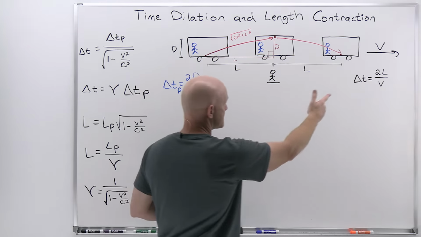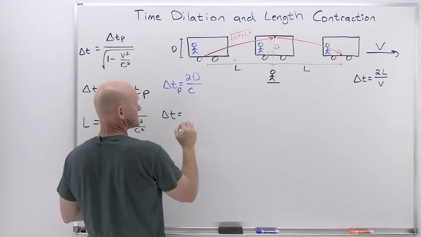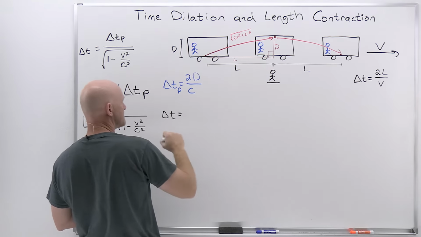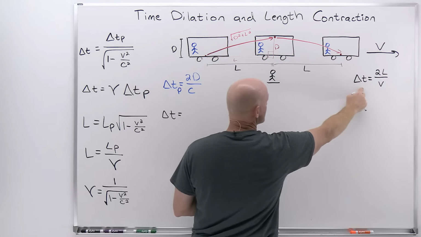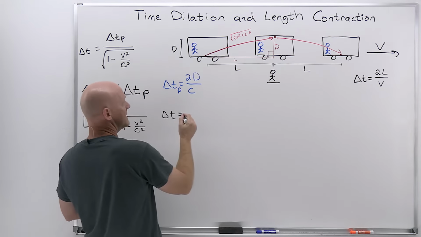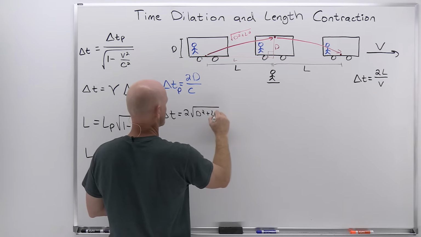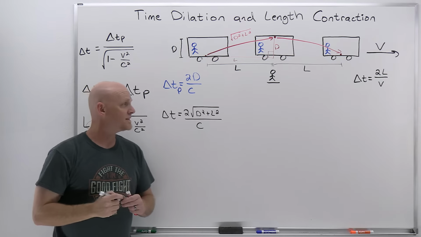And so from this guy's perspective again, take a look at this, and then delta T. And again, this is still his perspective, not the guy in blue here that I've highlighted in blue, but I need a lot of room on the board here, so I'm writing it over here. So we wrote it from the standpoint of the train. Now we're going to write it from his standpoint, the stationary observer. And in this case, it's 2 times the square root of D squared plus L squared all over the velocity, which is the speed of light.